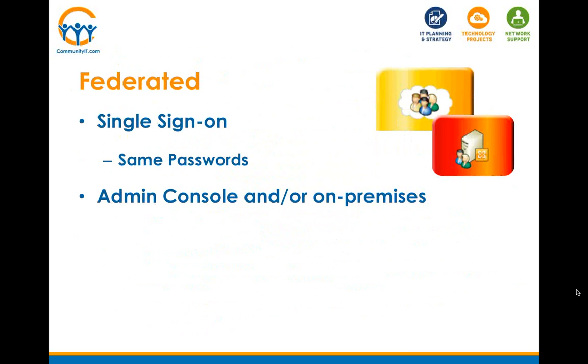But with this federated type of migration, you have to incur an additional cost for hardware. You need additional servers. You have to put more servers in your server room to install some roles that will allow you to build that trust with Office 365. So that's federated.